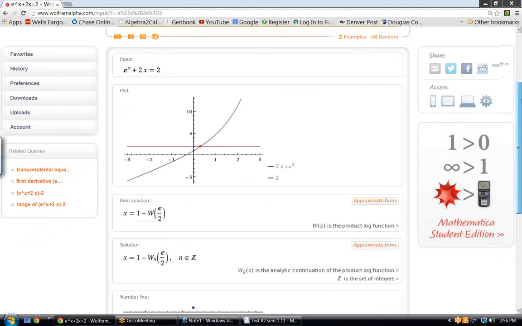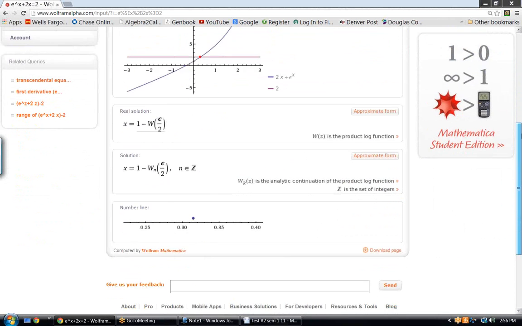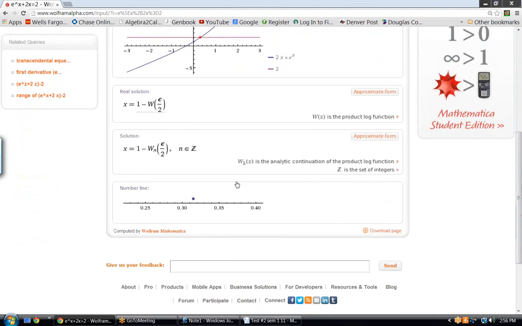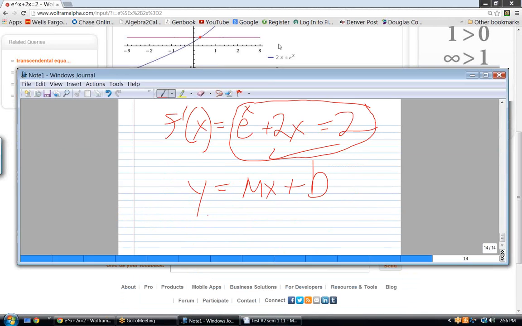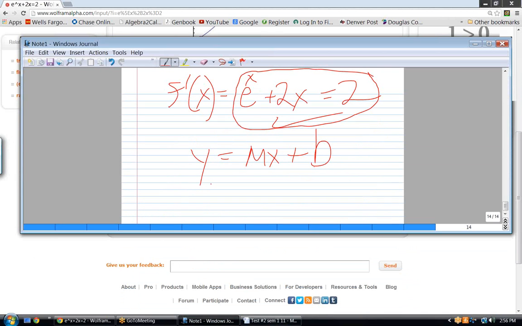Last time we did this, it showed me the number. All right, well, it doesn't matter. We can approximate that. That's about 0.315. So now we know that that slope is equal to 2 when x is 0.315.